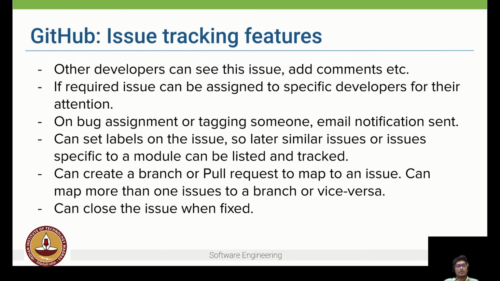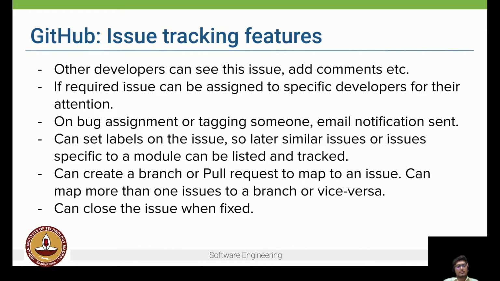On GitHub, if you assign a developer to some issue, an automated email is sent to them. You can configure these settings on GitHub, but the default setting is that an email notification is sent. You can set labels on the issue, as we have seen here. These labels can be used to filter the issues and list only the issues you want to focus on when you accumulate a lot of issues.